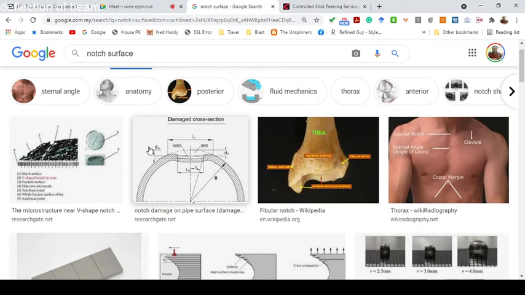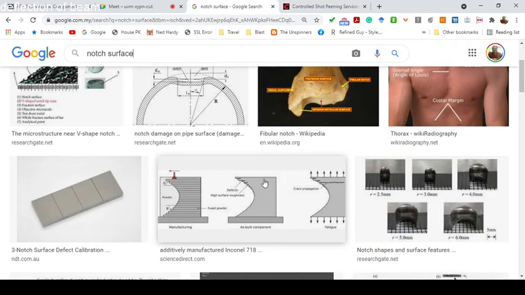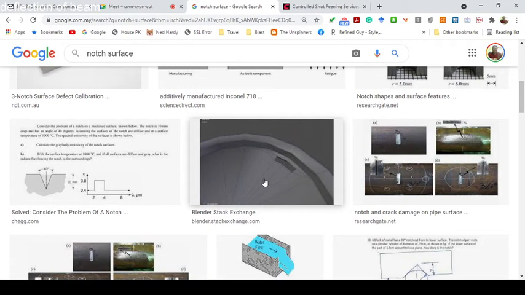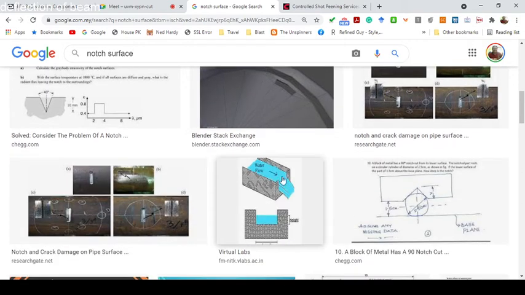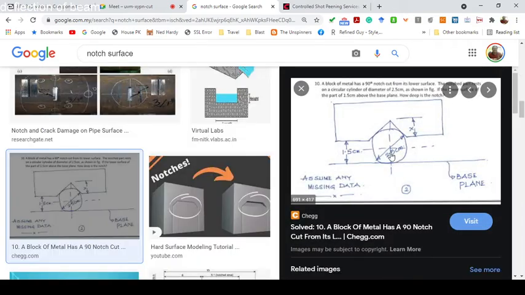The failure will happen at the notch. That is why failure always begins at a notch. Like in this picture, the triangular surface here. If this structure becomes a failure, it will fail at the notch first rather than somewhere else.